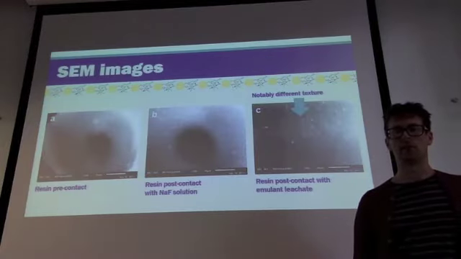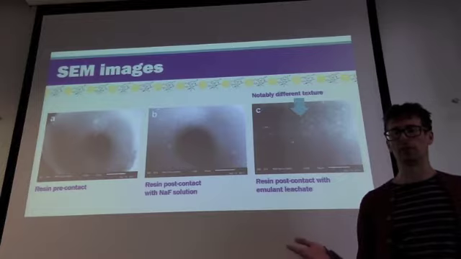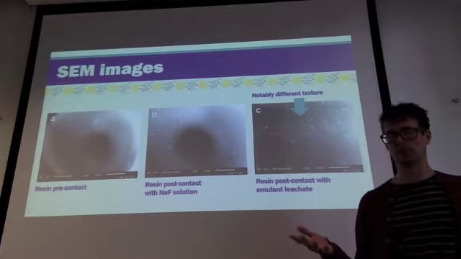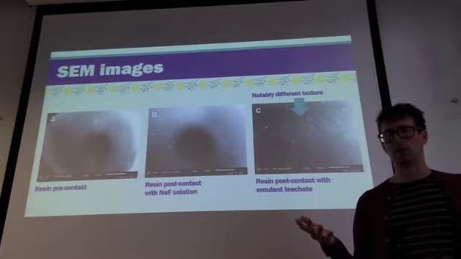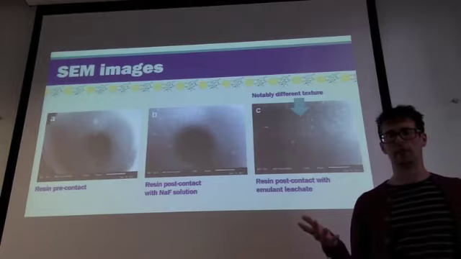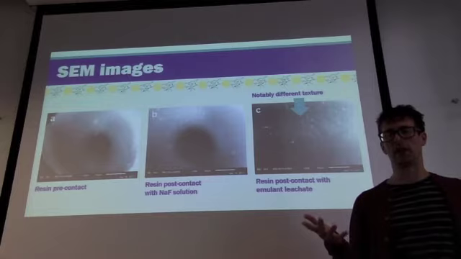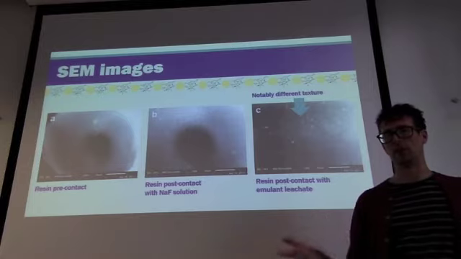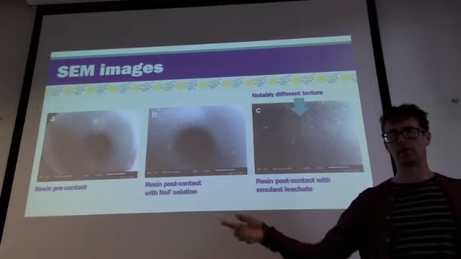It turns out as well that we think we can actually visualize this. So these are electron microscopy images, and if you look at the image on the far right, which is the surface of a resin bead that's been exposed to a fluoride solution of high aluminium concentration, you can see, although it is faint, there is a definite texture that is developed here, which is not present on either of the other two photographs.